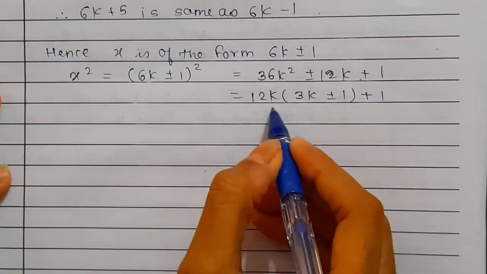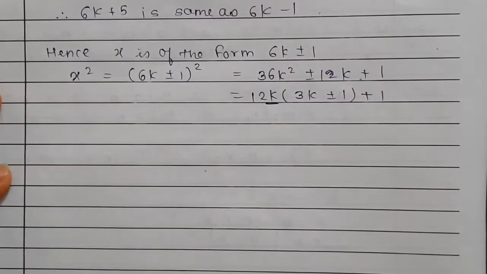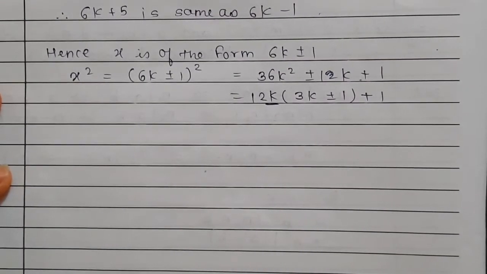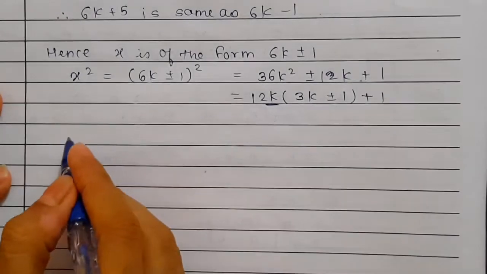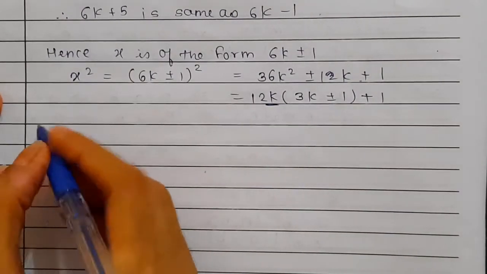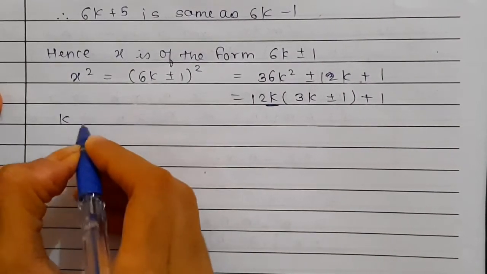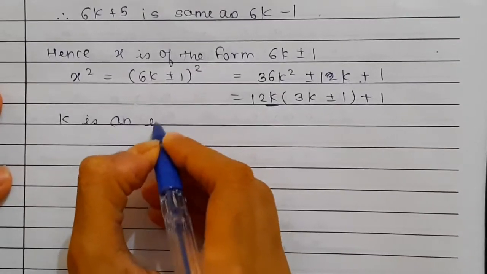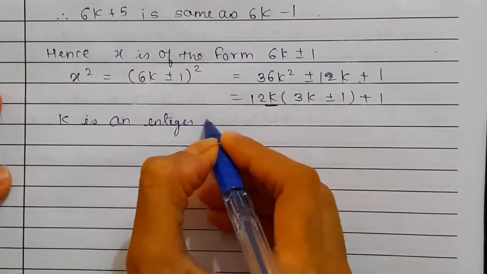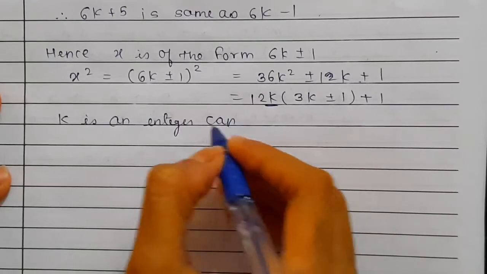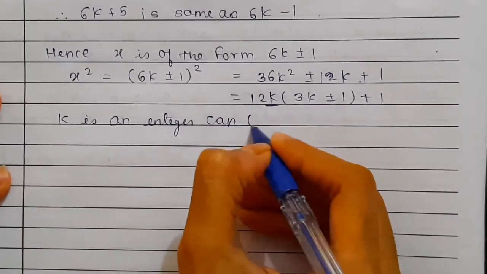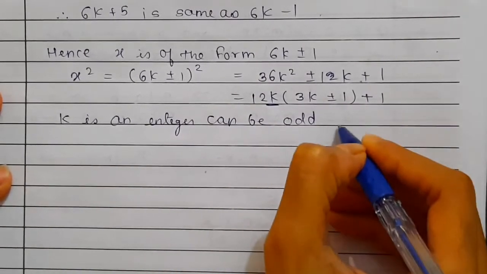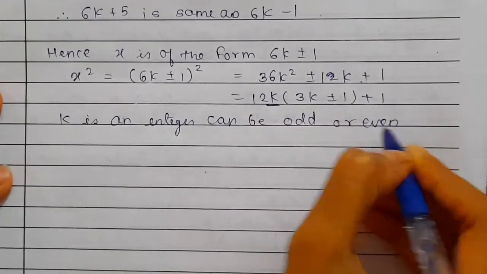Now here this k, it is either odd or it is even, so we consider both the conditions. K is an integer, can be odd or even.